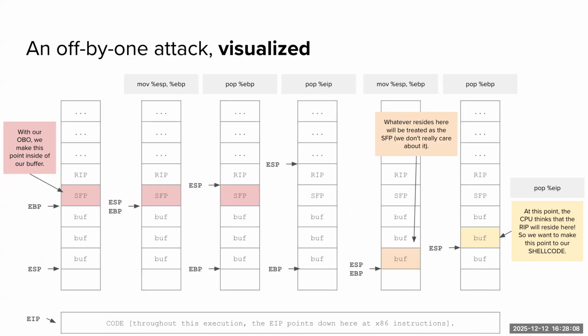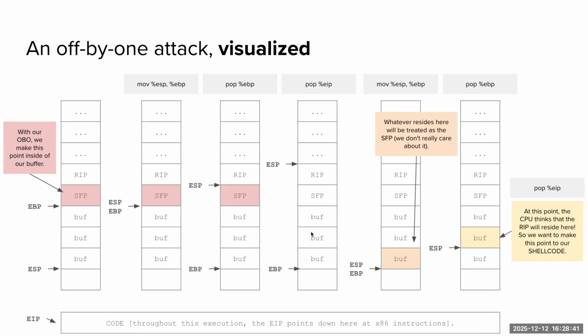But here we violate that constraint because we modified the saved frame pointer to something lower than it should be. There's no actual check to make sure this constraint holds true; it holds true because of how the calling convention works. So now the EBP is pointing down into our buffer because we changed this SFP.